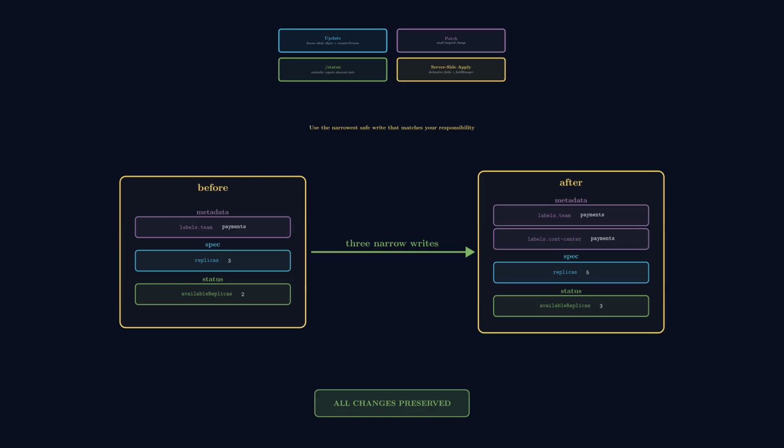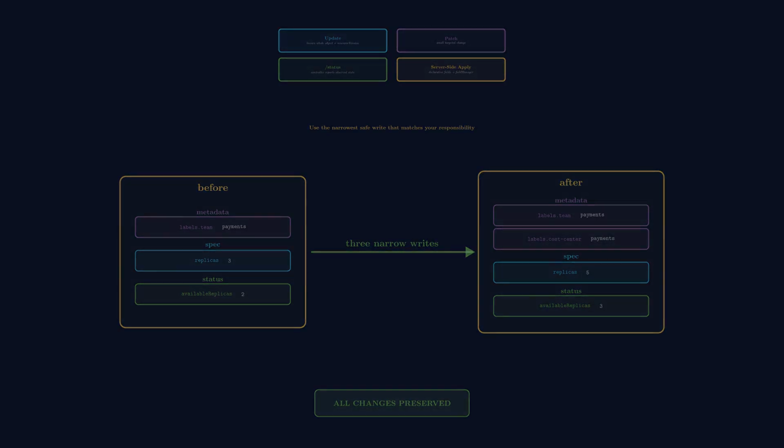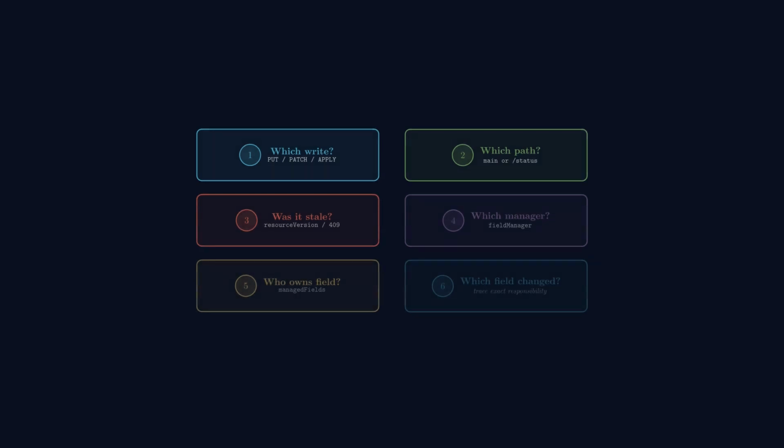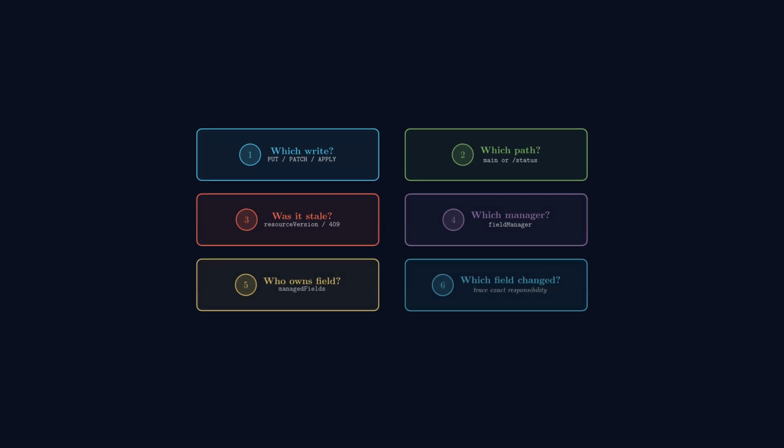When a field changes unexpectedly, this gives us a much better debugging method. Check whether the request was an update, patch, or apply. Check whether it used the main resource or /status. Look at resource version conflicts, the field manager, and managed fields. Then ask which exact field changed and which workflow sent that request.